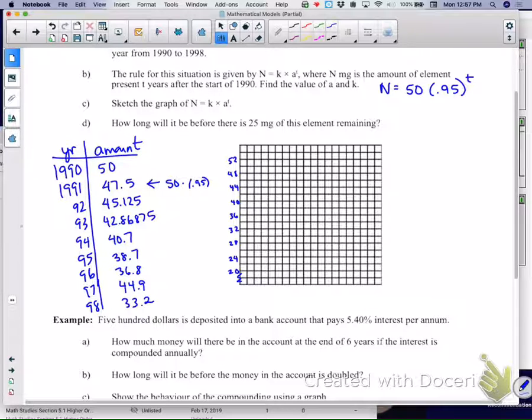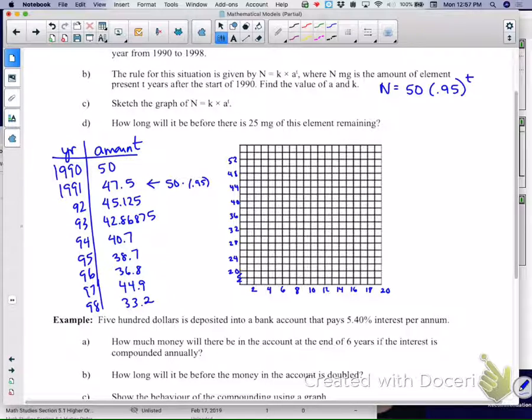Okay, and then I'm just going to stop there. And then on the x-axis, I'm going to go by ones, but I'm again just going to write every other number. I don't know what this side's going to need to be because that's part D that we're going to do. Okay, so as far as my sketch, I'm going to do the best that I can here.